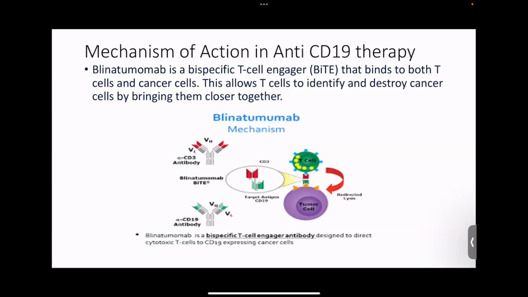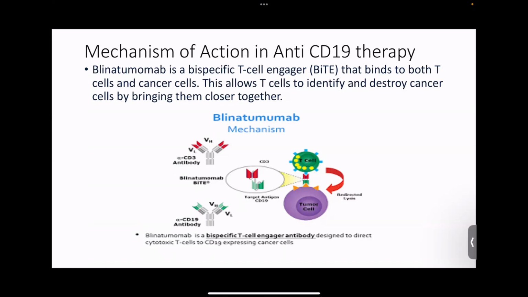So these T cells will be destroying the B cells and the CD19 positive cells. Blinatumomab is usually used as a bridging therapy in cases of B-ALL, in the pre-transplant workup of a patient. Once blinatumomab is given, MRD analysis is done, and after MRD negativity is there, the patient can be posted for a transplant.